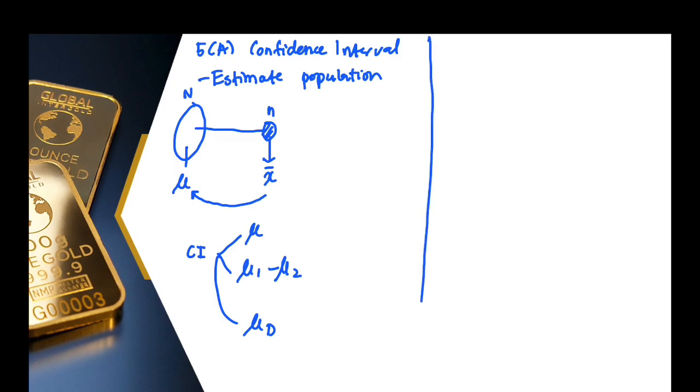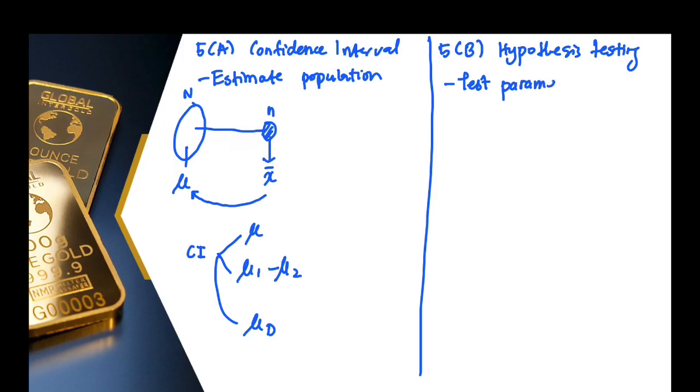Okay, in chapter 5 part B, you will have hypothesis testing. What we want to do is test our parameter based on the sample statistic.